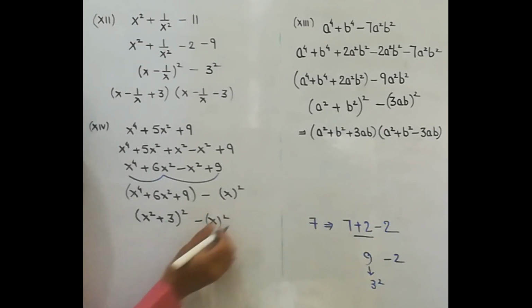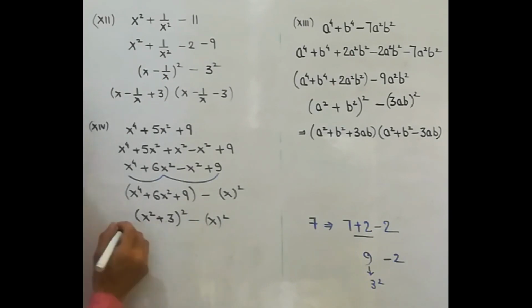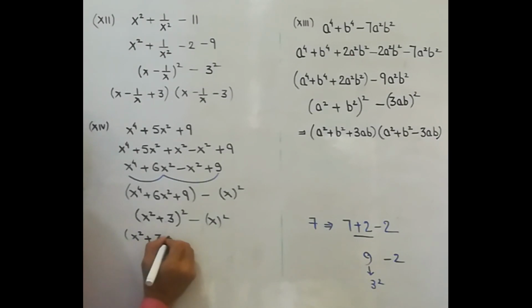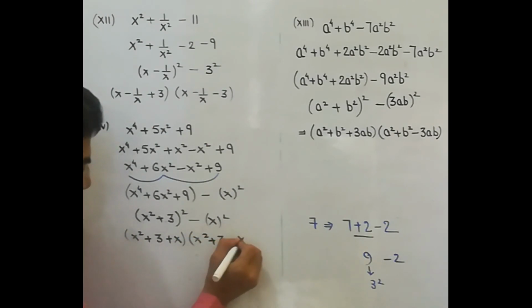Minus. Now we have got a difference, so this is the difference of two squares. So this is your a square, this is your b square, minus sign in between. So you are going to write it like this: a plus b, and then a minus b.